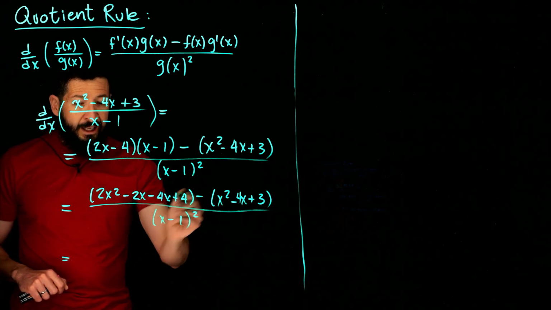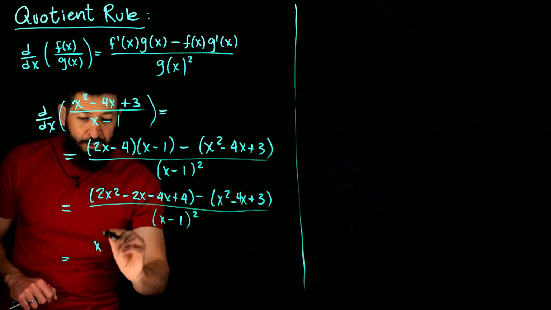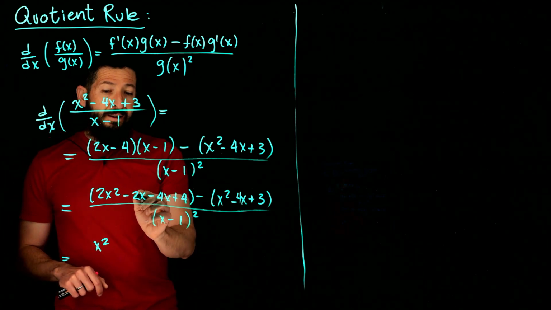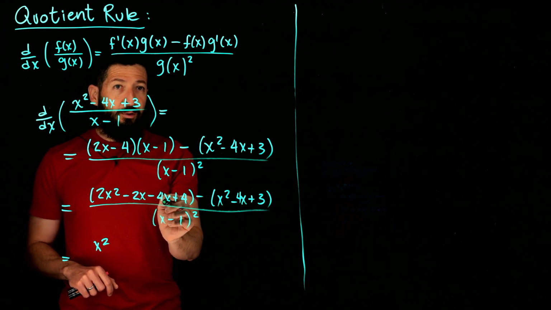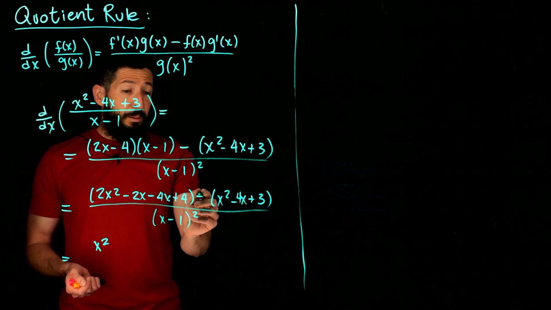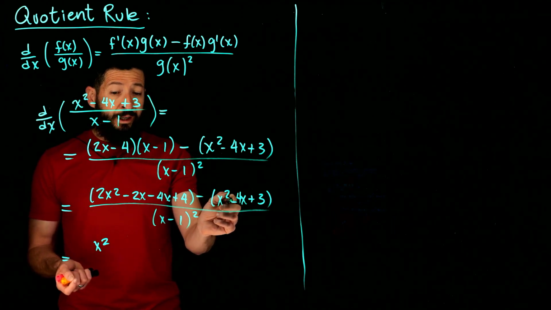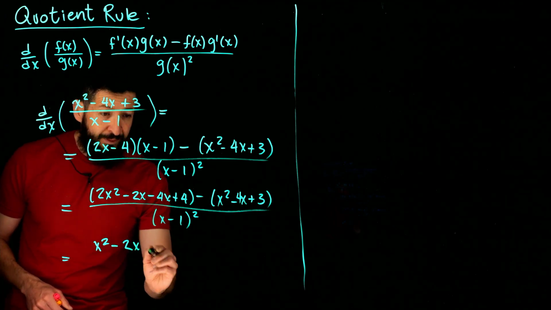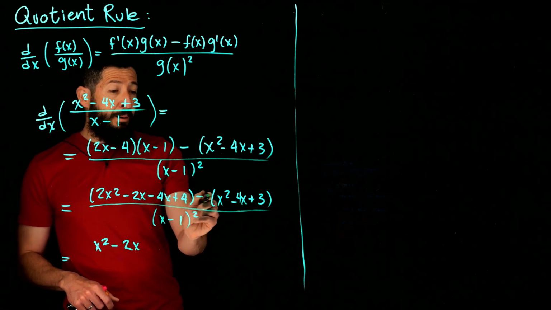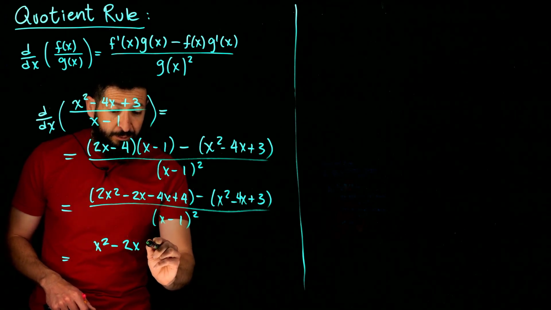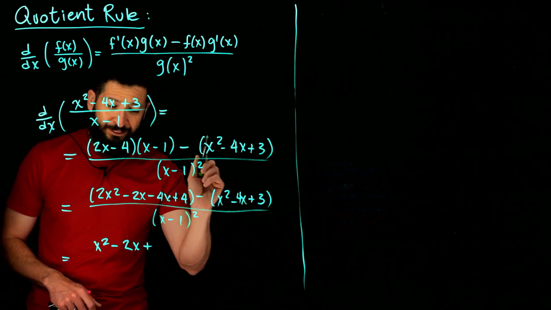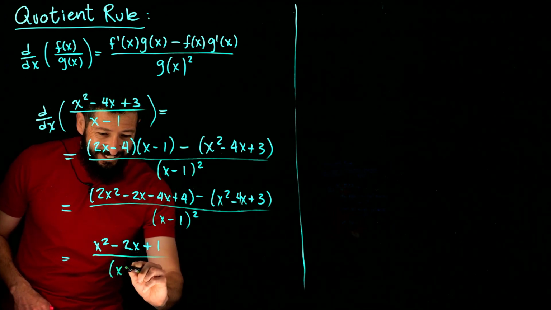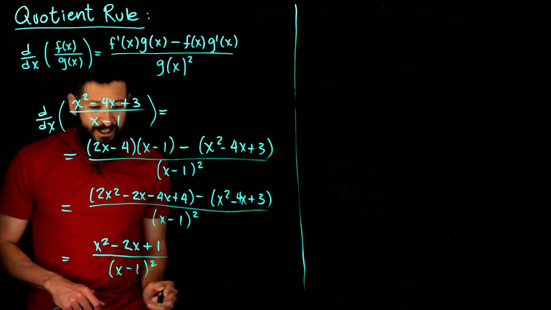And then you would cancel, and you get 2x squared minus x squared is x squared, collecting like terms. Negative 2x minus 4x is minus 6x, minus negative, so plus 4x: minus 6x plus 4x is minus 2x. And then plus 4 minus 3 is a plus 1. I gave you the answer because I know what's coming.